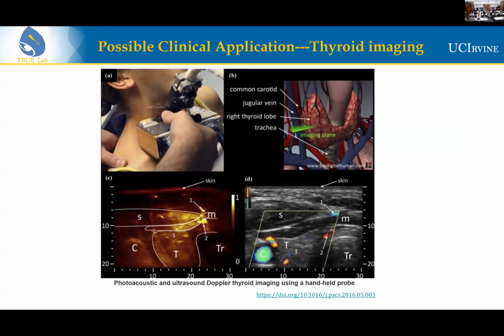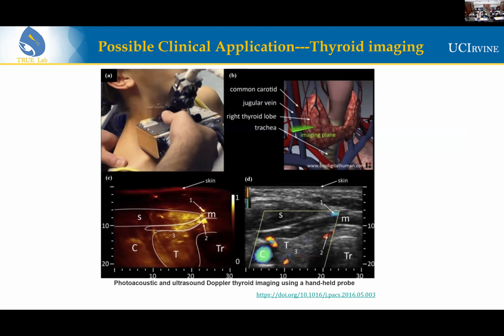Another possible clinical application is thyroid imaging, because in the head and neck region, thyroid cancer is very important. I just heard a talk yesterday about using photoacoustic imaging to monitor radiation therapy response. So that's a possible application as well.